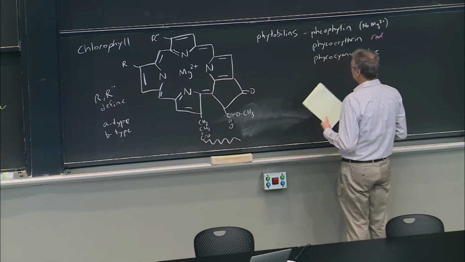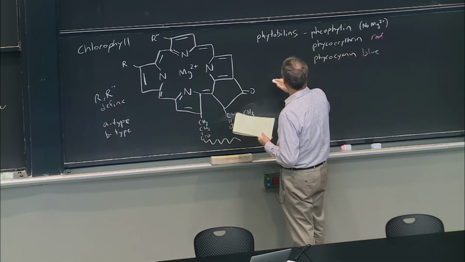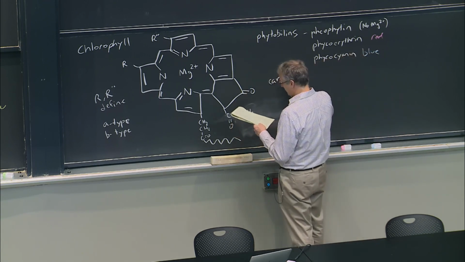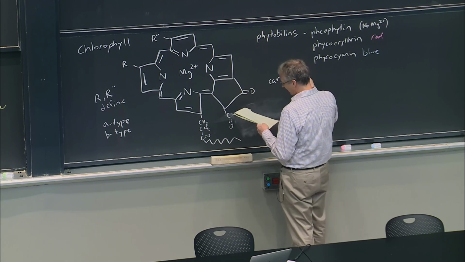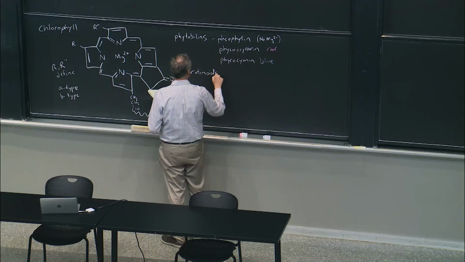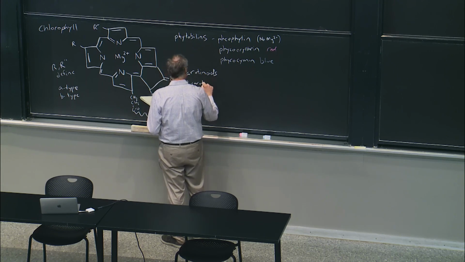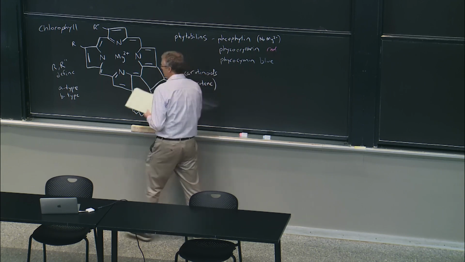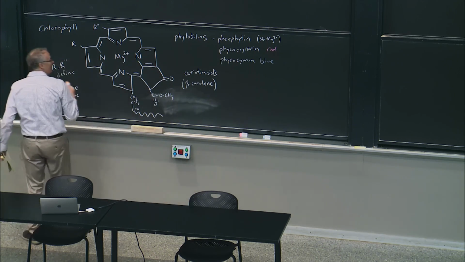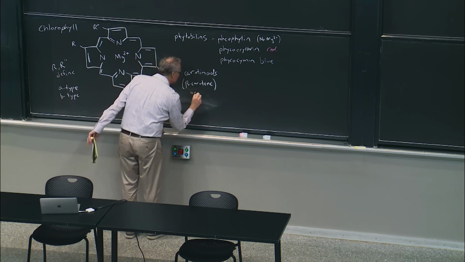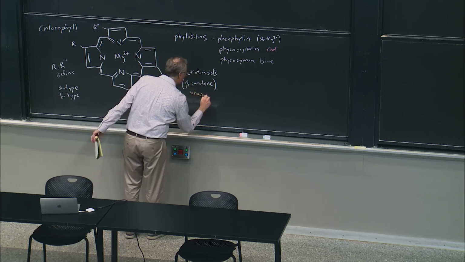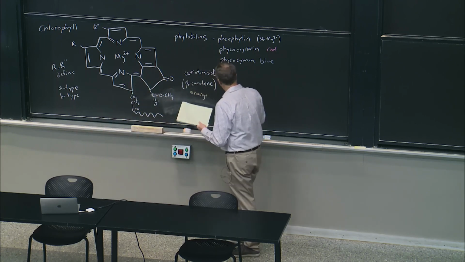blue pigment. And then maybe the most famous one that you know about that's not chlorophyll are the so-called carotenoids. This includes things like beta carotene. Okay, I think we all know that beta carotene is orange. Okay, what does beta carotene look like?